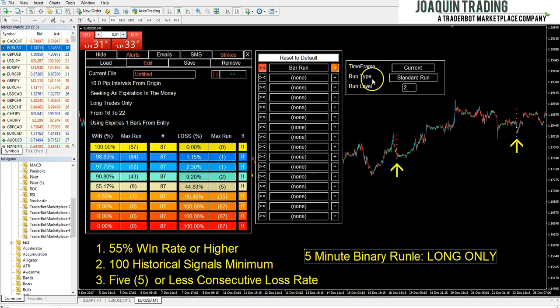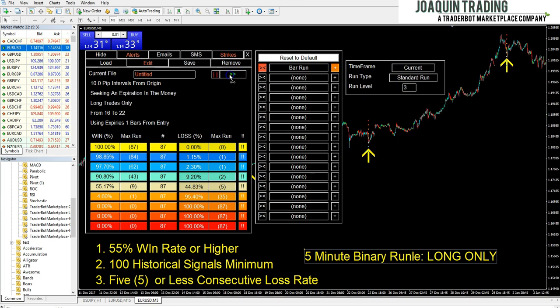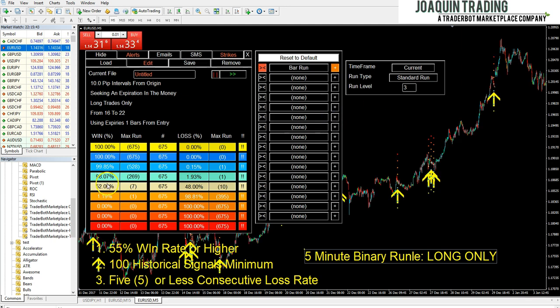We're going to start at random. We're going to go with about 3. But would that have been profitable? Probably.